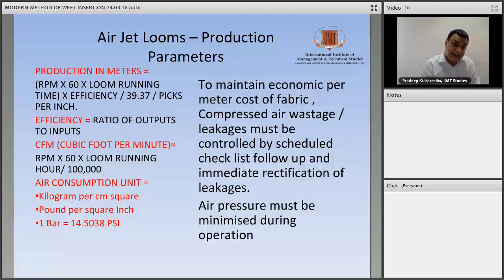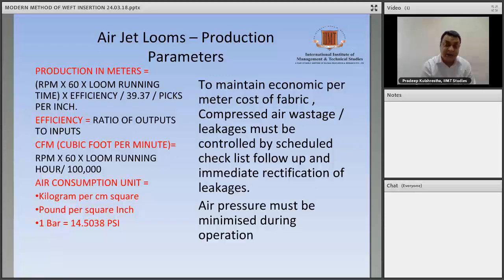If we say air jet loom production parameters, we can calculate the production and formulate this formula in the machine. The machine itself is the production: the RPM, revolutions per minute, then loom running time. Suppose one has set shifts of 8 hours by 3 shifts a day or 12 hours by 2 shifts a day. That way production can come. Then what pick are we inserting?